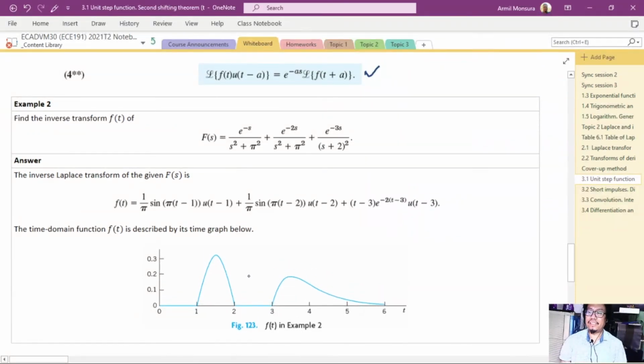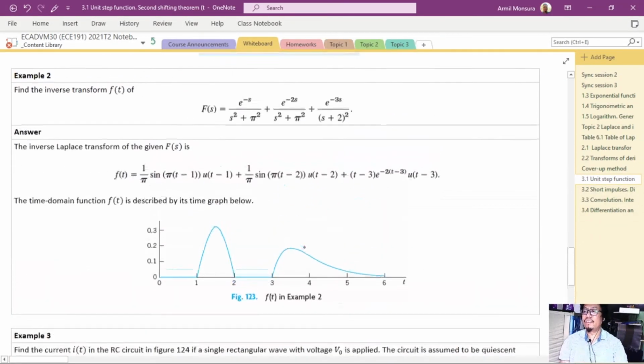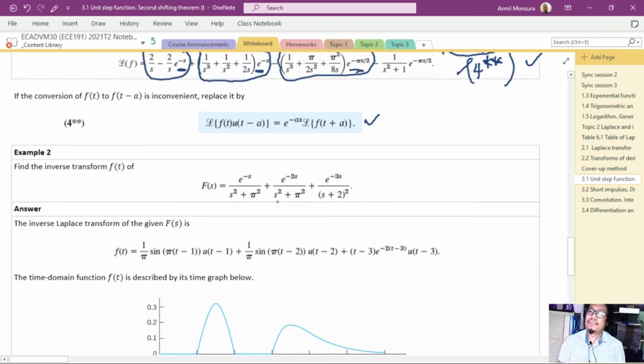Now here, for example 2, we are asked to find the inverse transform of this one. Which means from F of s, we would like to find what is f of t. In this case, this is simply isolating first yung S domain exponentials.